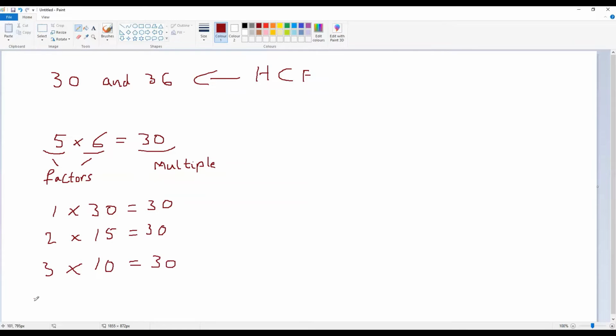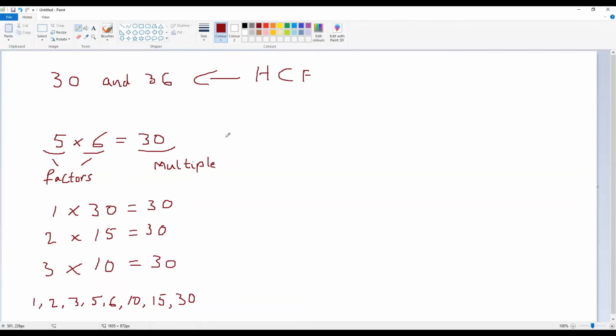So we've got 1, we've got 2, we've got 3, we've got 5, we've got 6, we've got 10, we've got 15, and of course we've got 30. So these are all the factors of 30.